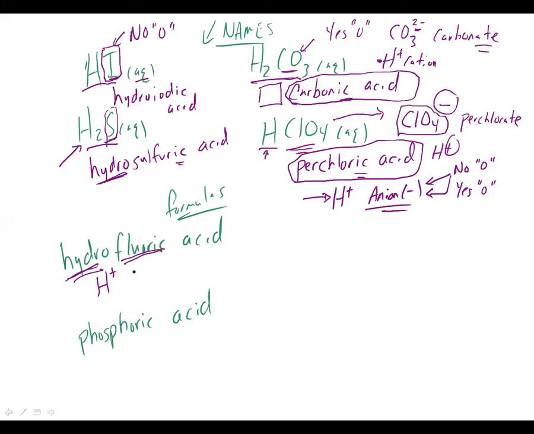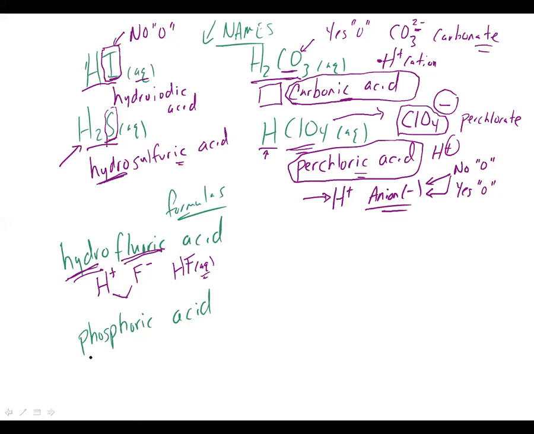And fluoric sounds like fluoride, which would be F minus. So putting this together, we have +1 and -1. We just need HF. And again, typically you would put the little aqueous symbol next to it to indicate that it is an acid. Any questions on that one?